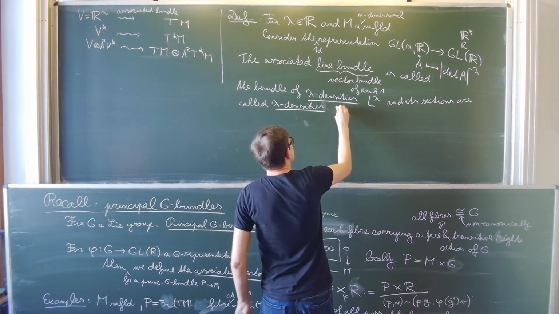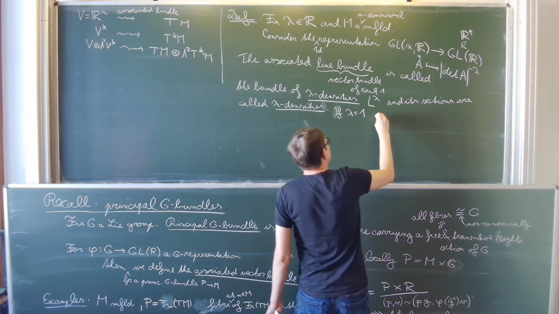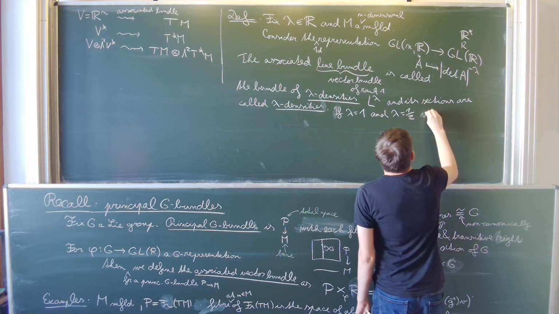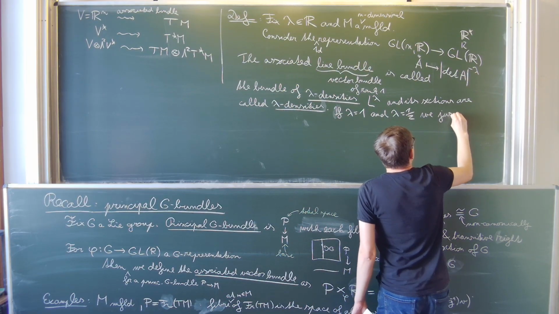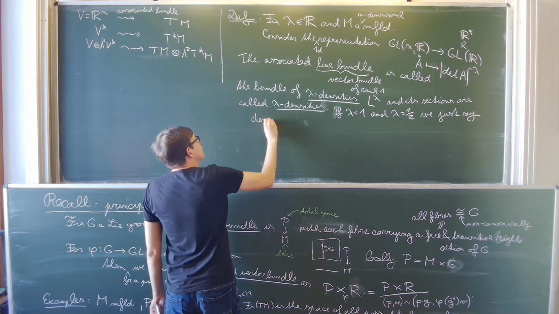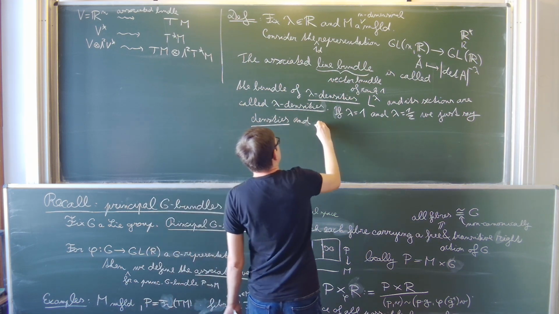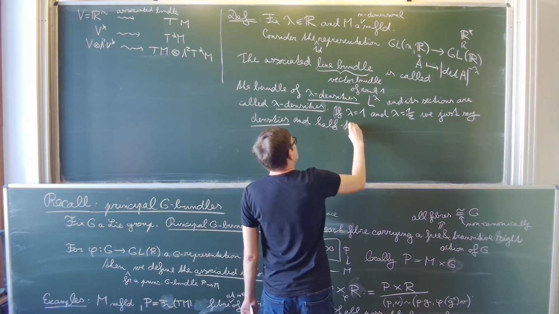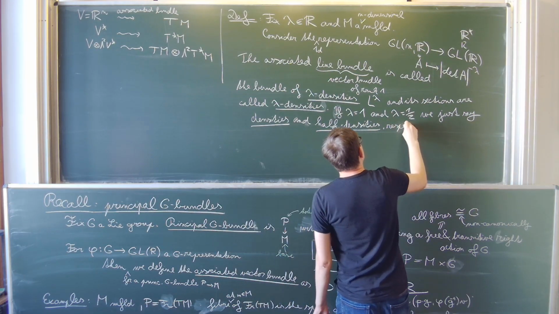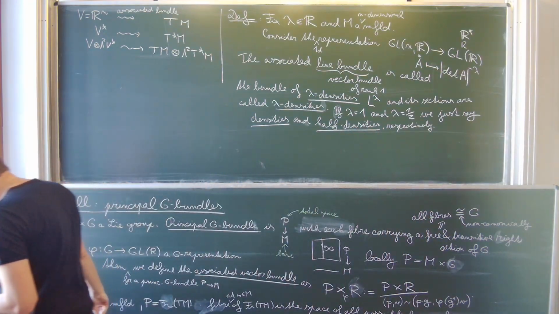In the special cases lambda equals 1 and lambda equals 1/2, we just say densities and half densities, respectively. Okay. Maybe unnecessary point, but anyway.